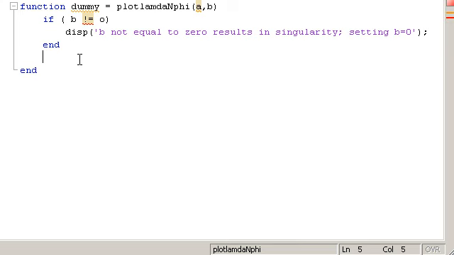Alright, now we actually do it. A coulomb equals a times 1e minus 6.